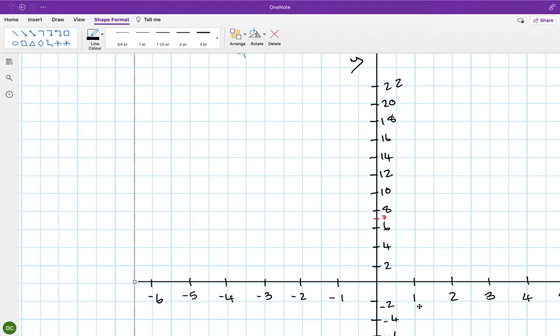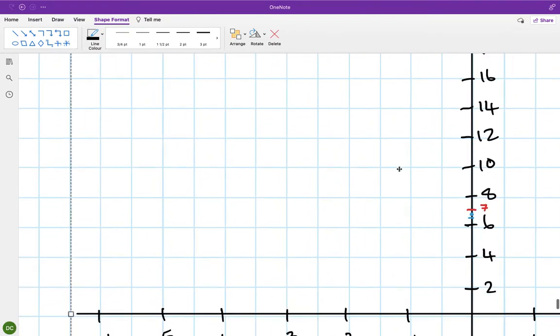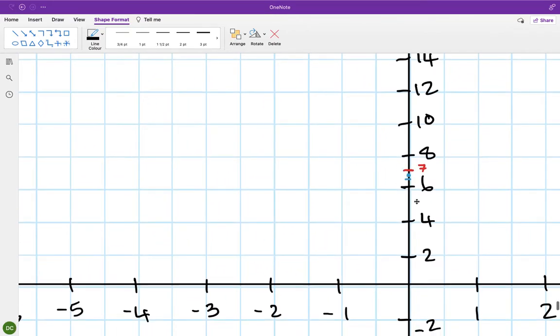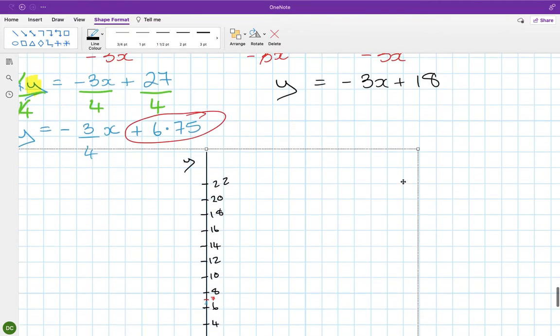So 6.75 is going to be 3/4 of the way up this line, so about there. Sorry, I did the blue line. I've zoomed way in on my iPad. See the blue line? The blue line is kind of halfway, so then I did a blue dot just above that. It's not perfect, but it's as good as I can do.